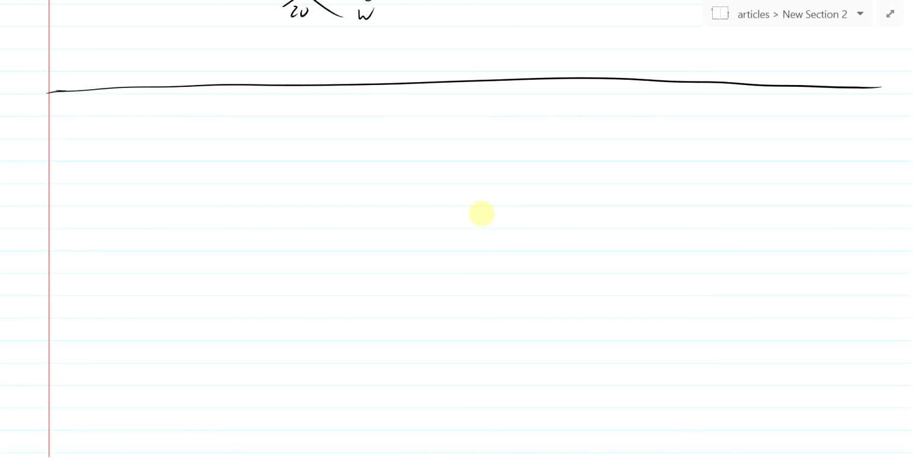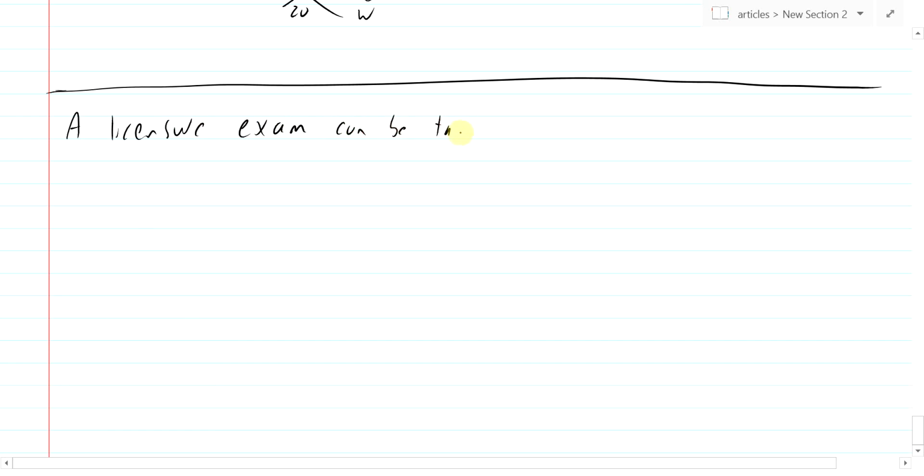like the word problems, suppose a licensure exam can be taken 3 times. And what they find is that 60% pass the first time.